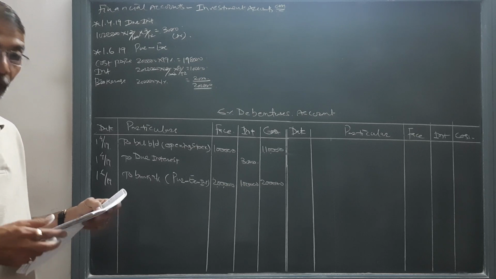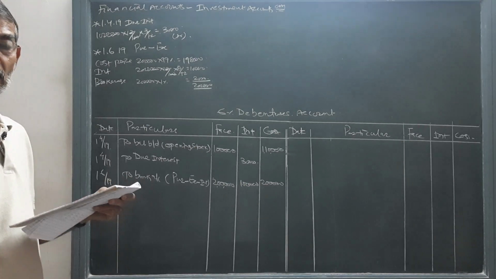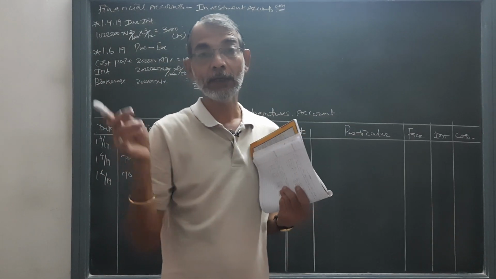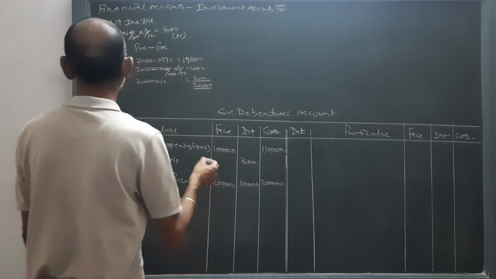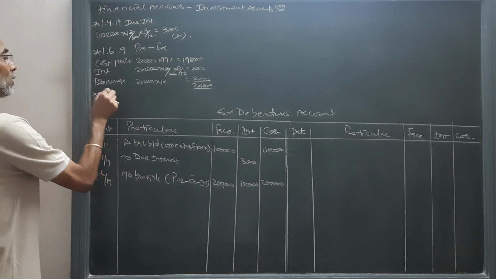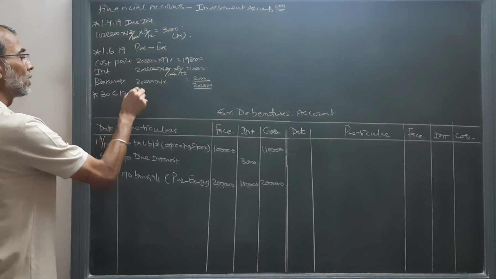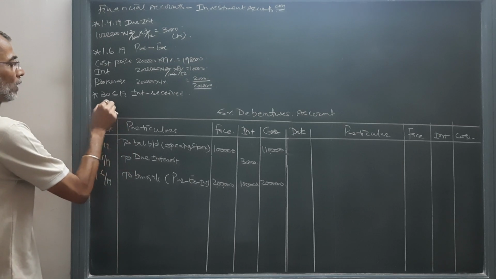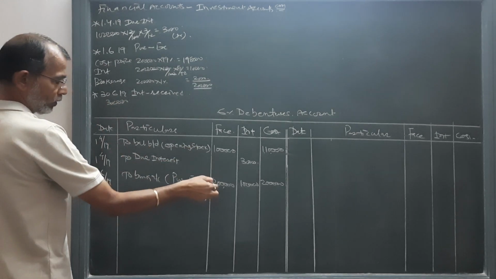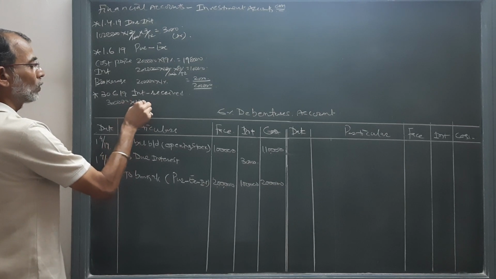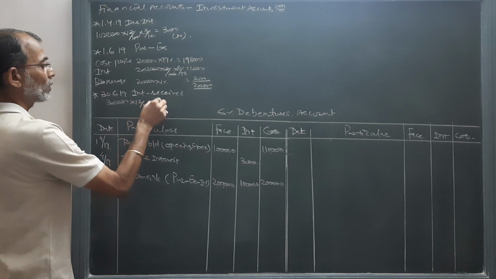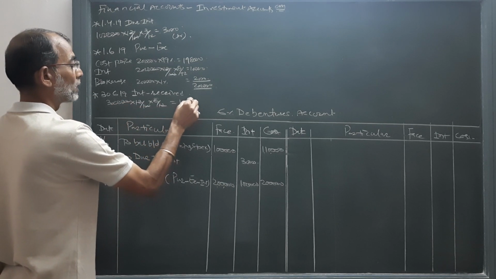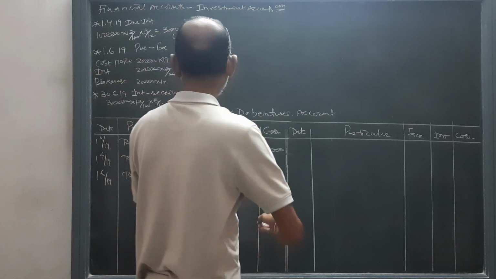Then after on 1/9 cum interest sale comes, but before that date comes 30th June when interest is received. So on 30th June 19, interest received must be calculated on 3 lakh, 1 lakh and 2 lakh, 3 lakh, 12% for 6 months, which is 18,000, which will be written on credit side.